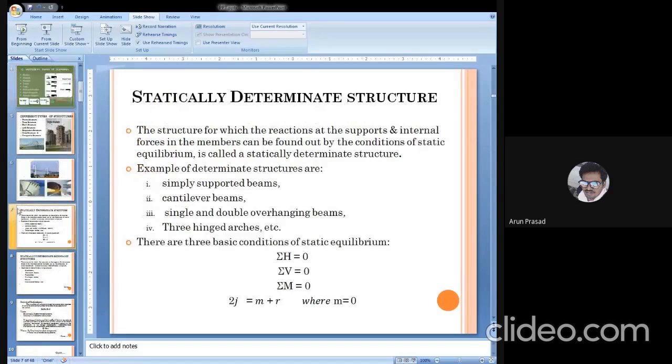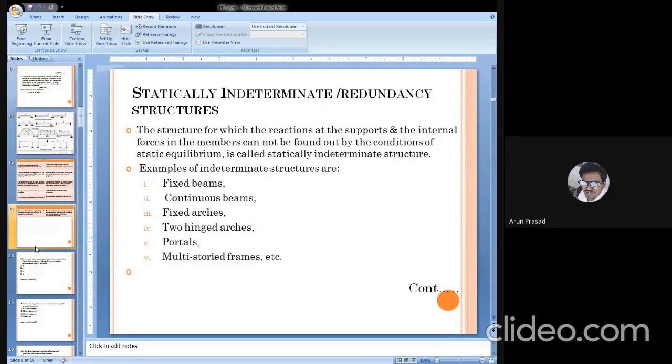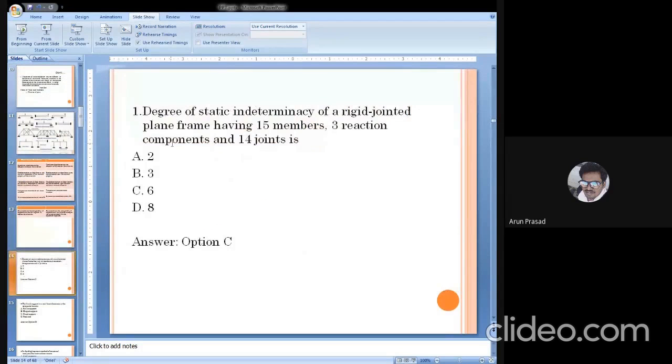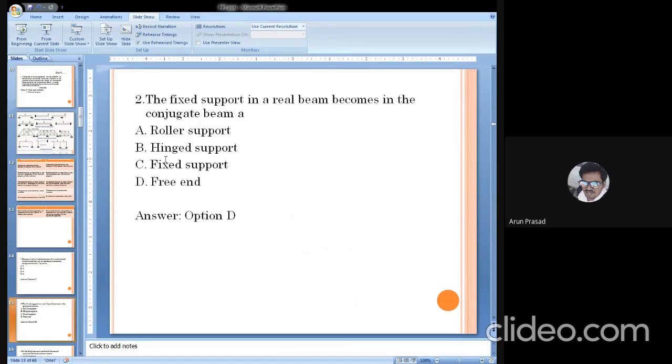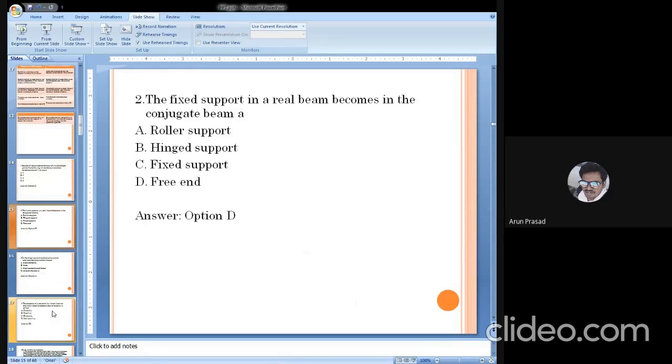We discussed what is determinate, what is structural analysis, and the difference, and a few basic MCQs regarding structural analysis and results. We discussed a few methods: slope deflection, moment distribution, and the energy method.